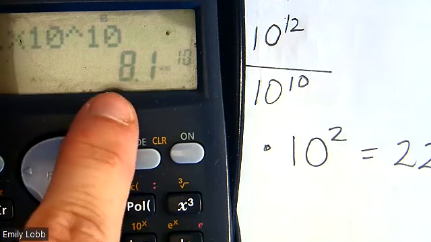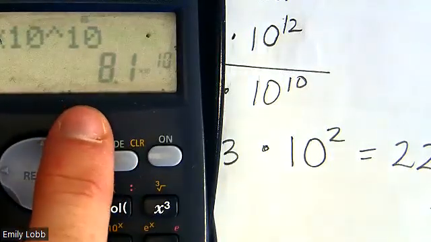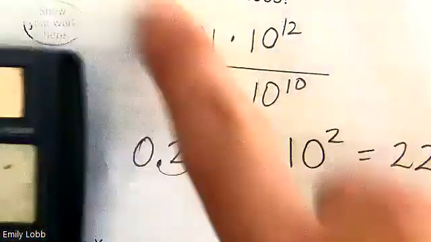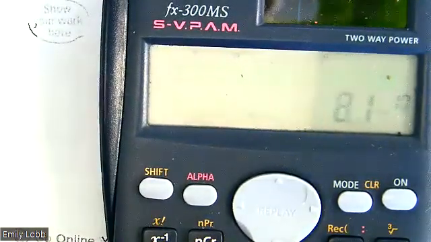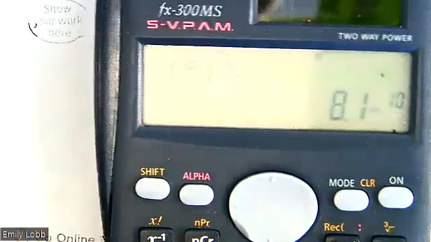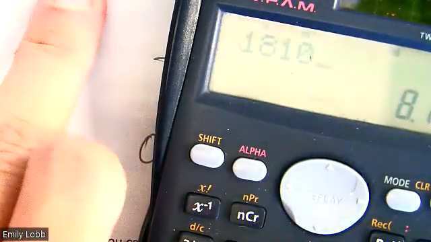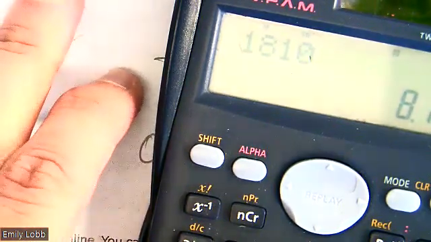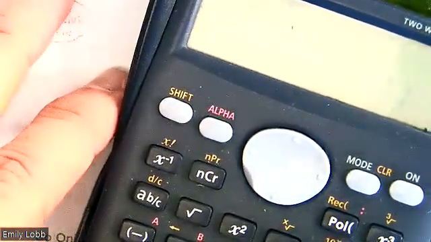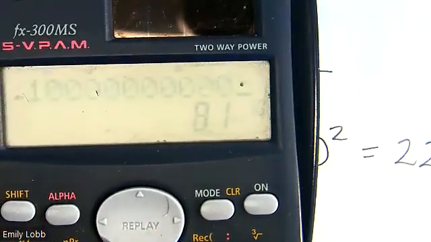Now, I'm going to leave that as my answer, and I'm going to take the number that they gave us. So I'm going to start typing in that 1810. Sounds like I'm dialing a phone number. And then I'm going to add 9 more zeros. So I'm going to count to 9 while I'm putting in zeros. 1, 2, 3, 4, 5, 6, 7, 8, 9.